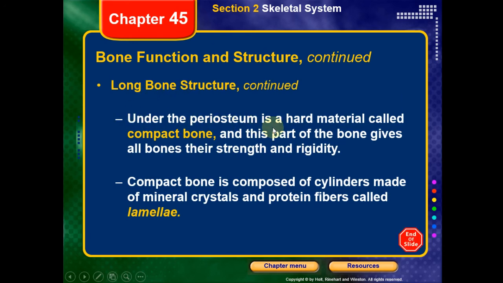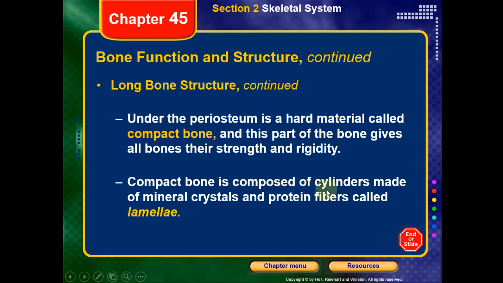Under the periosteum, there's a hard material called compact bone, and this part gives the bone its strength and rigidity. So the compact bone is the place where the rigidity and strength property is given to the bone.